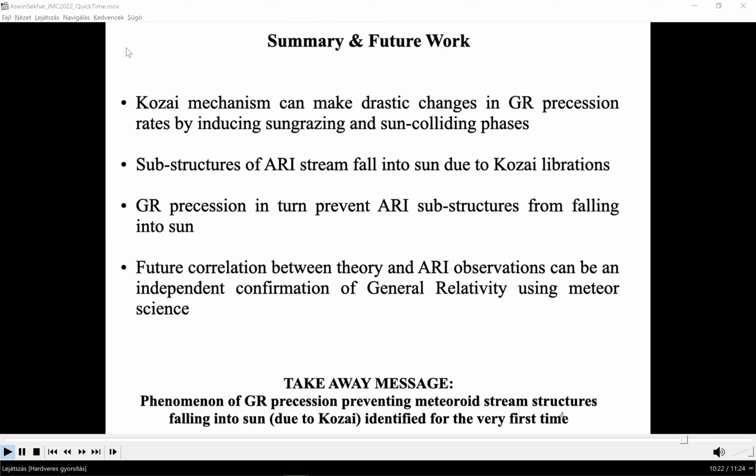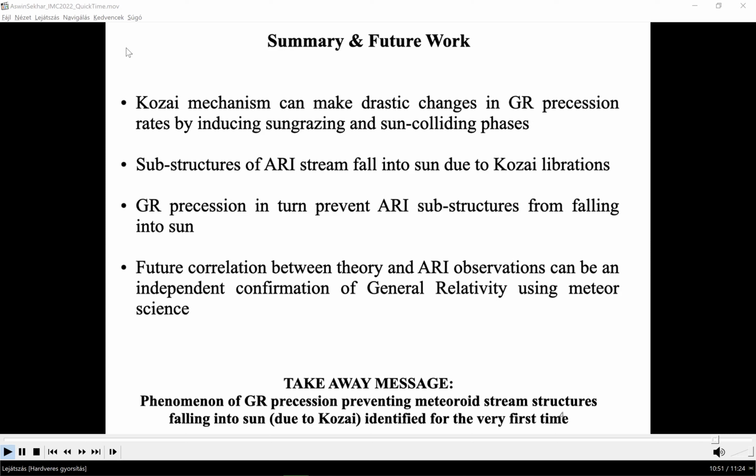So in future, we would like to have this correlation between theory and Arietids observation, and to have an independent confirmation of GR using meteor science. Then it would be a neat way of correlating between the dynamical evolution theory, the relativistic theory, and the Arietids observations all coming together in a neat overlap.